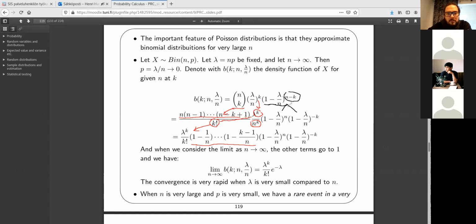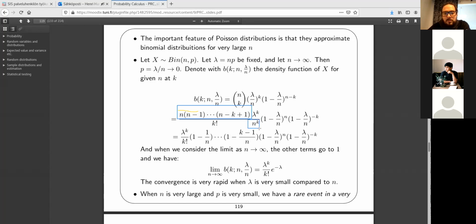So let me just clear this. Let me just explain what is happening here. There are k terms. This blue box here, this is a product that contains k terms.